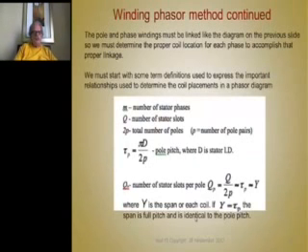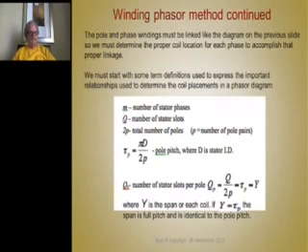Well, the pole and phase winding, they have to be linked like the diagram in the previous slide, so we can determine the coil location. I just said that. So we have to start with some definition of terms used to express the relationship used to determine the coil placement, so we can make some calculations.